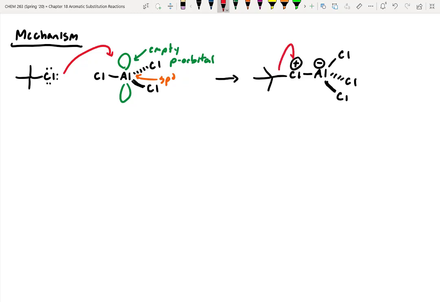So this will fall apart and quickly kick off chlorine. When we do this, we're going to create a carbocation, and then we've got our aluminum group that was kicked off. So this carbocation is really, really reactive.